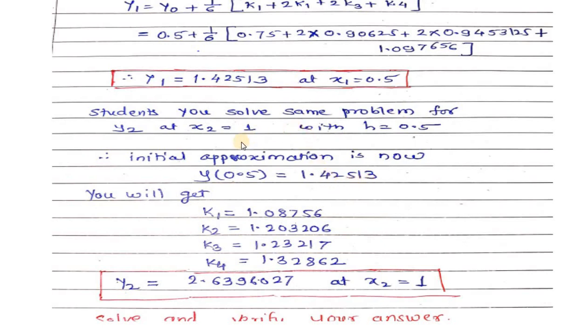After solving, you will get k1 as 1.08756, k2 as 1.203206, k3 as 1.23217 and k4 as 1.32862. Putting all k1, k2, k3, k4 in the formula, we will get y2 equal to 2.639627 at x2 equal to 1. So you solve this and verify your answers.